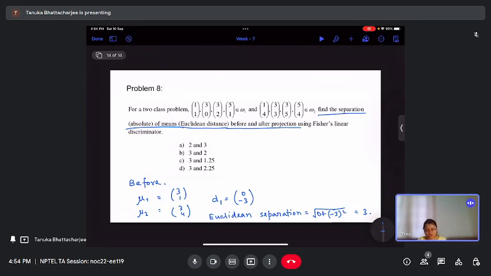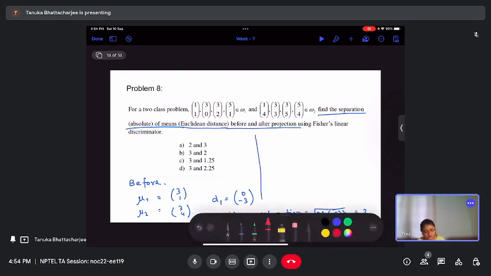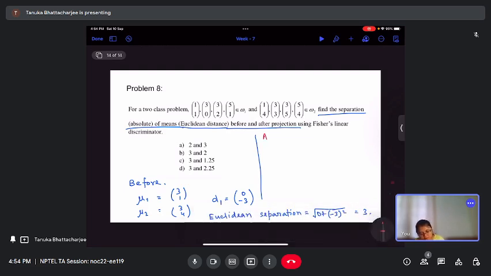Now, after projection, your means are mu1 tilde and mu2 tilde. And what are those? So, as we already know, mu1 tilde is W transpose mu1, mu2 tilde is W transpose mu2.